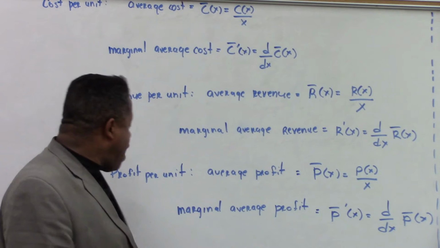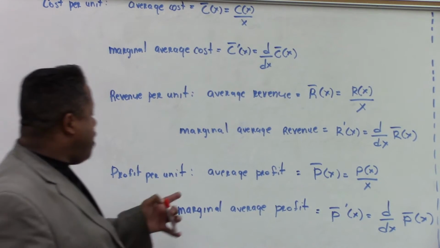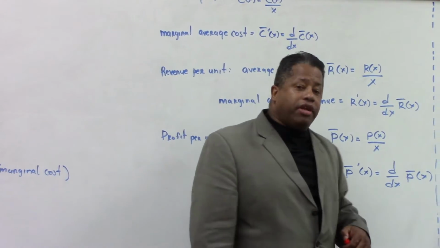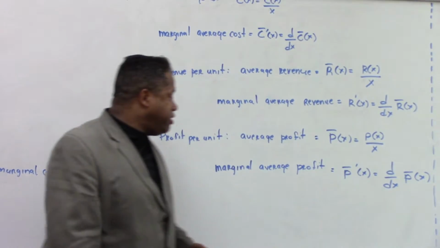So then how about the profit per unit? You have average profit, P bar sub X, is equal to P sub X divided by X, as you see.